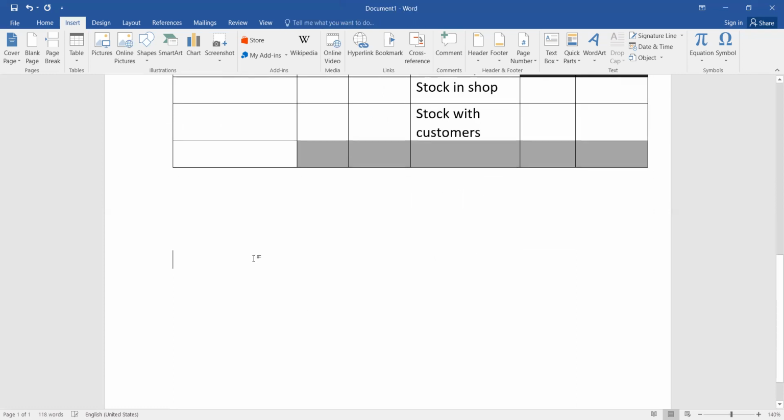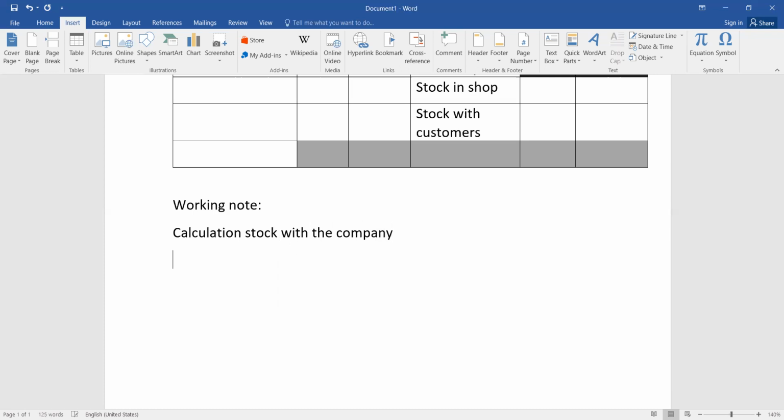So let's prepare the working note: calculation of stock with the company or with the shop.